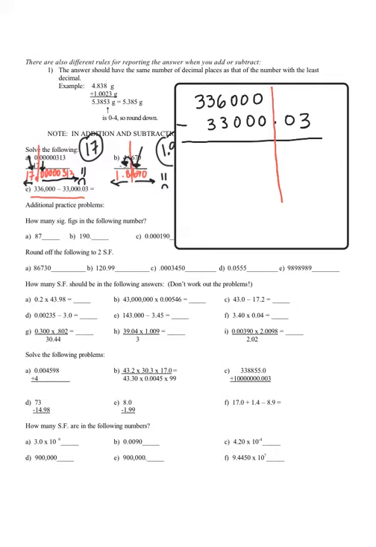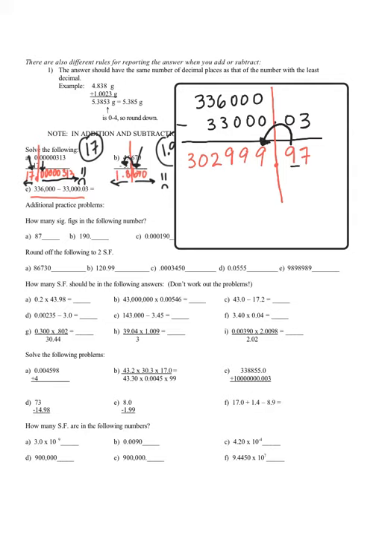Here, we'll add and subtract like we normally do. This time, we'll end up with this quantity, 302,999.97. We've got to figure out whether this first non-significant digit rounds our last significant digit up or keeps it the same.